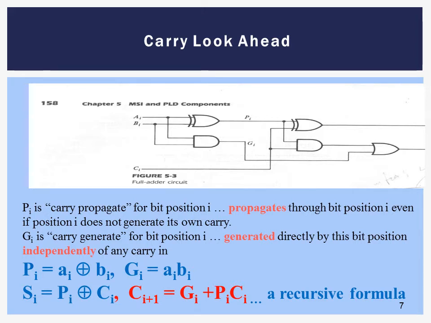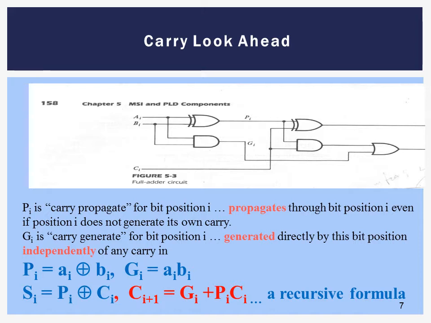Now propagate and generate, what do they mean? Propagate means propagating through bit position i even if position i does not generate its own carry. That means whenever you are adding A and B, it is not generating any carry, but it is carrying forward, that is, it is propagating the carry that is received from the earlier full adder block.